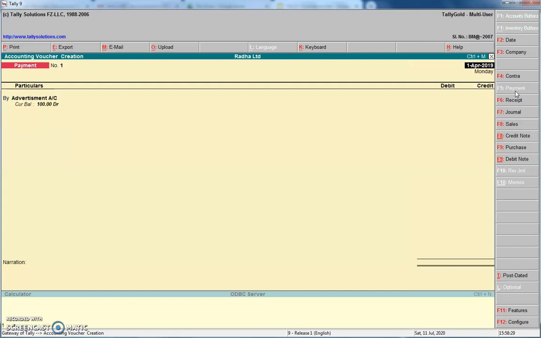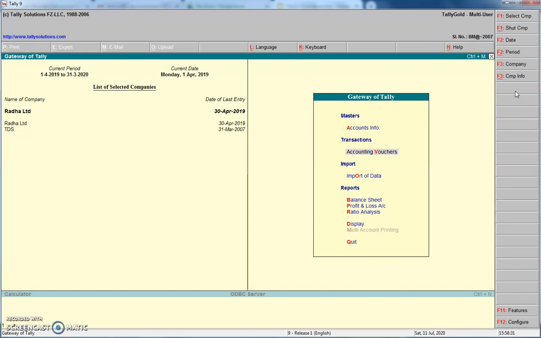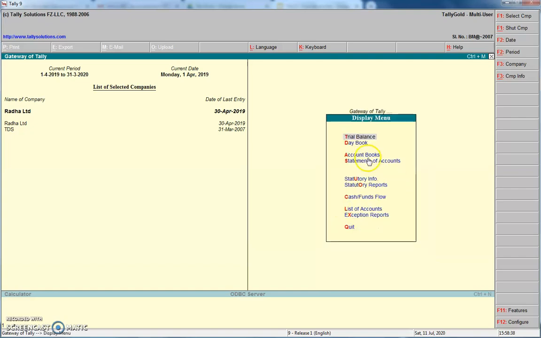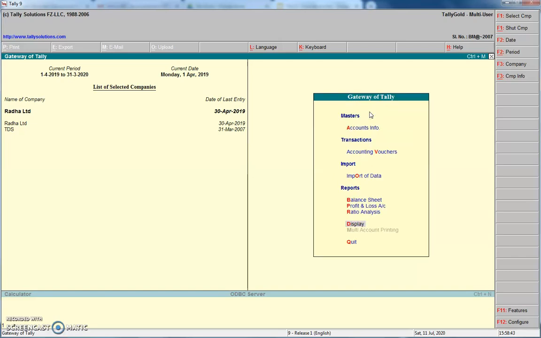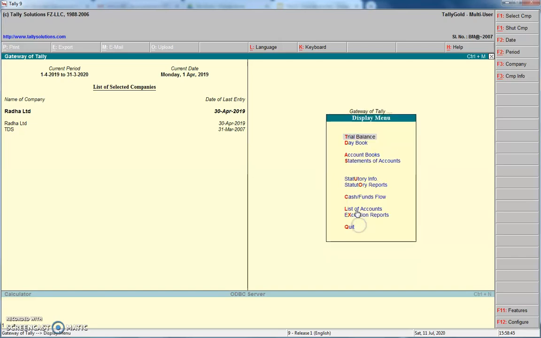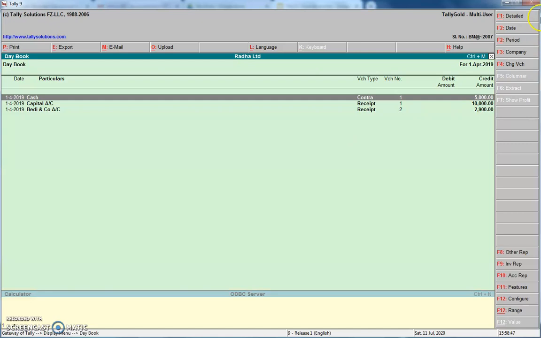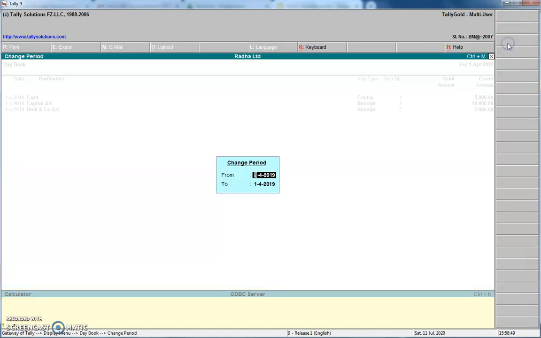After that, we have entered all the transactions, and we have to see the display now. We have to go to the display screen. Display, day book, period.